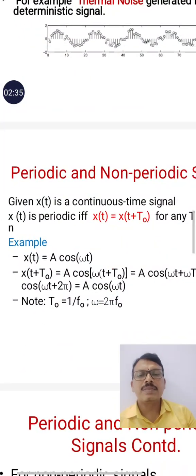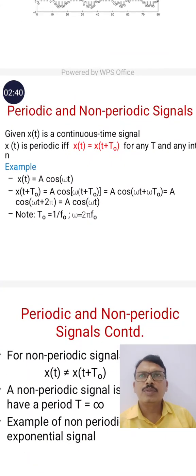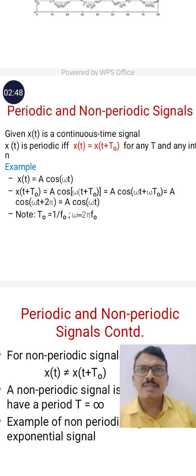Next, the second type of classification is periodic and non-periodic signals. A periodic signal is a signal that repeats at regular intervals. We know the sine signal, for example, has a positive half cycle, then a negative half cycle.